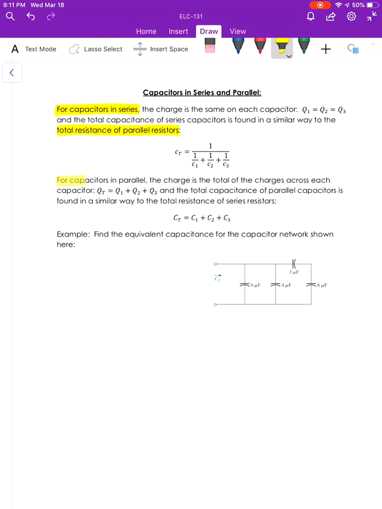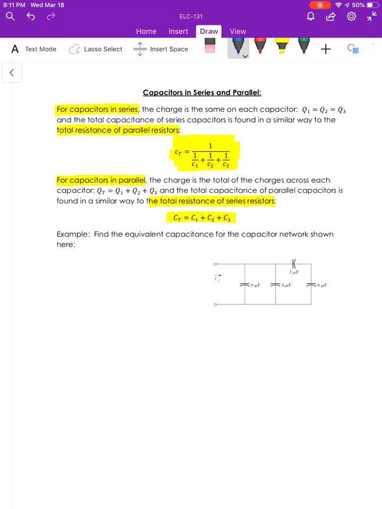And for capacitors in parallel, they're going to add just like the total resistance of series resistors. So here we're going to have the total capacitance, CT equals 1 over C1 plus 1 over C2 plus 1 over C3, and in parallel, we would just simply add them together.